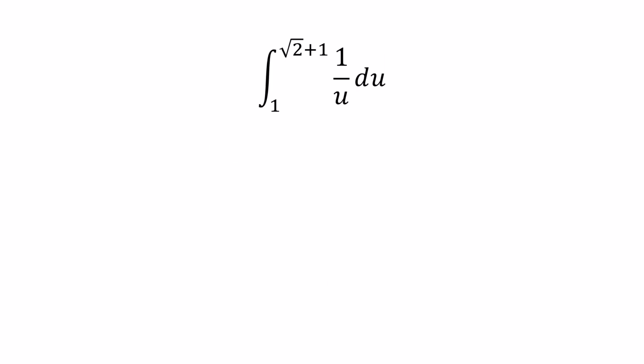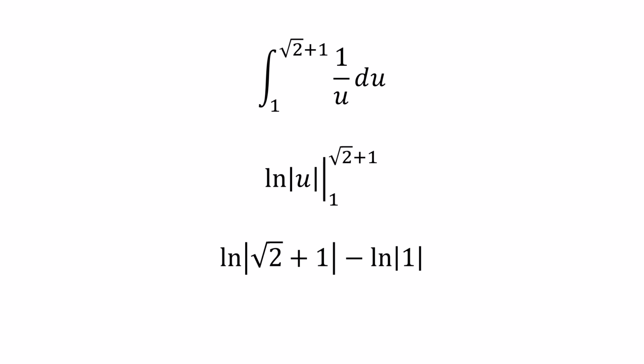Integrating gives ln absolute value of u from 1 to root 2 plus 1. Applying the fundamental theorem of calculus, we get ln absolute value of root 2 plus 1 minus ln absolute value of 1.